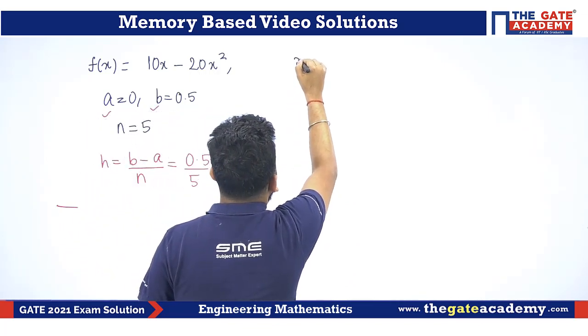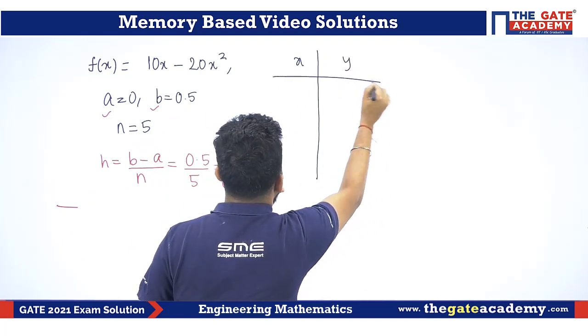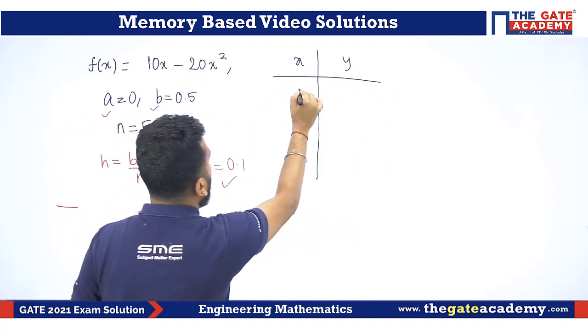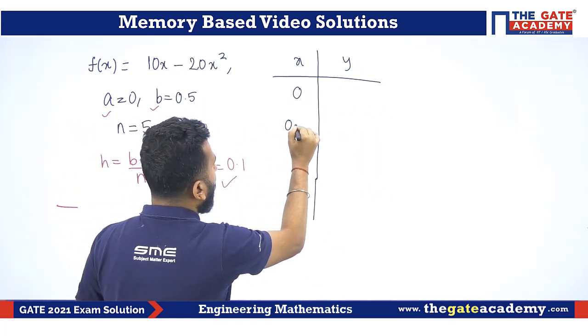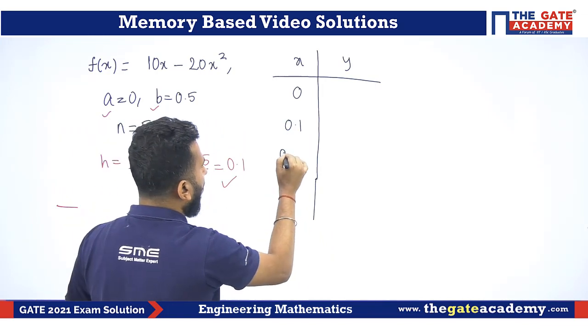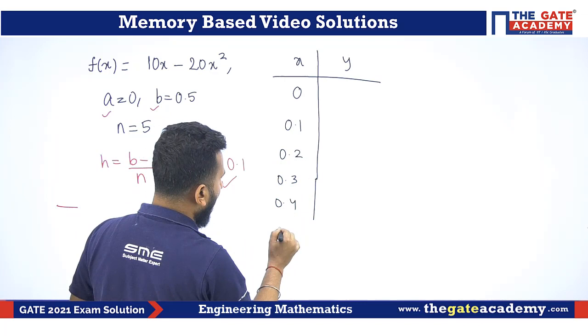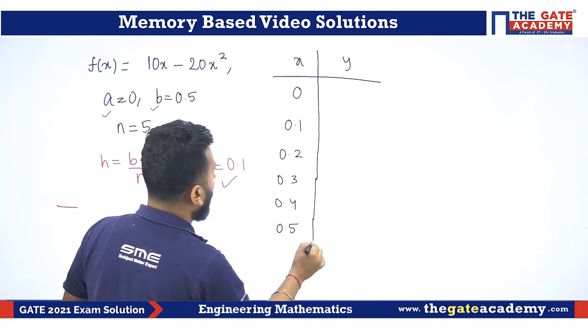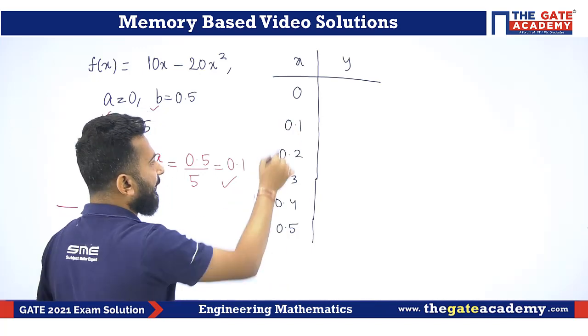Here I am writing x and here I am writing y. The first value is x equal to 0. If you add 0.1 to this, it will be 0.1. If you add again, it will be 0.2, 0.3, 0.4 and 0.5. We have reached the final b value, correct? You can see there are 6 x values.